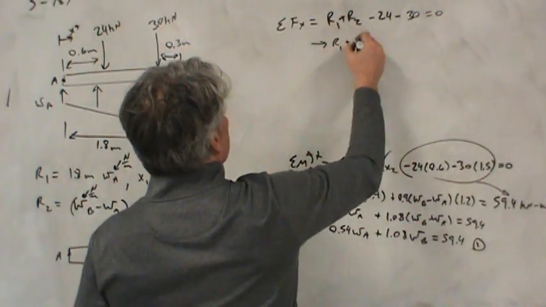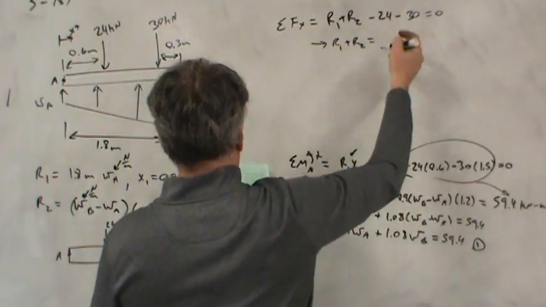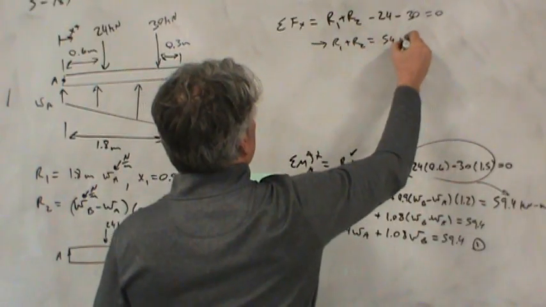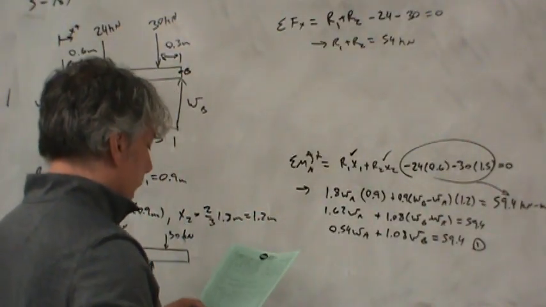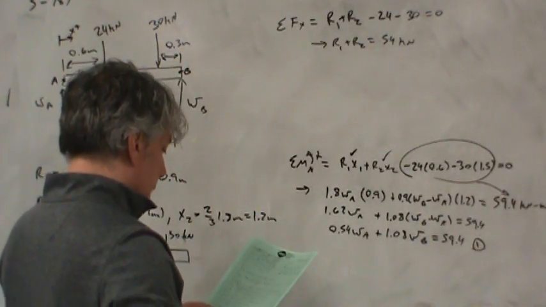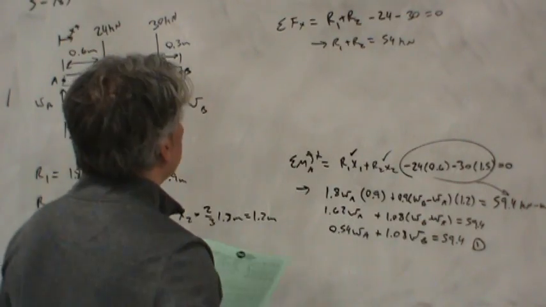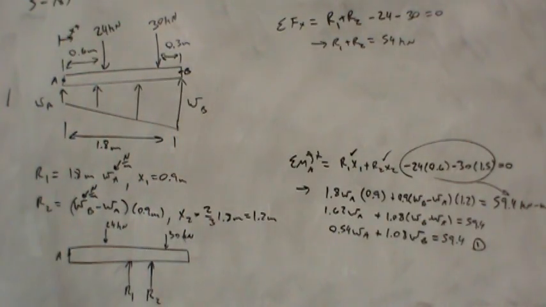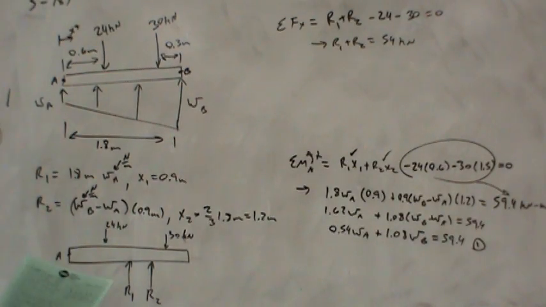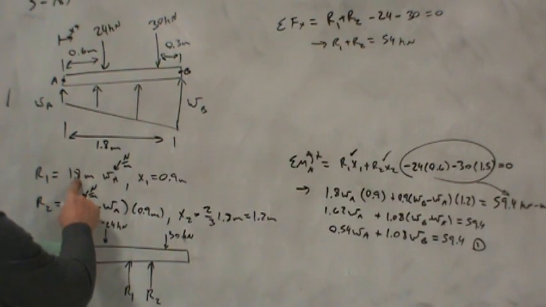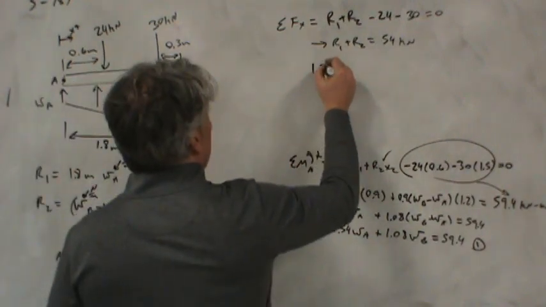So R1 plus R2 has to be, moving these to the other side, 54 kilonewtons. Now let's plug in what R1 and R2 actually represent. R1 is 1.8 WA.